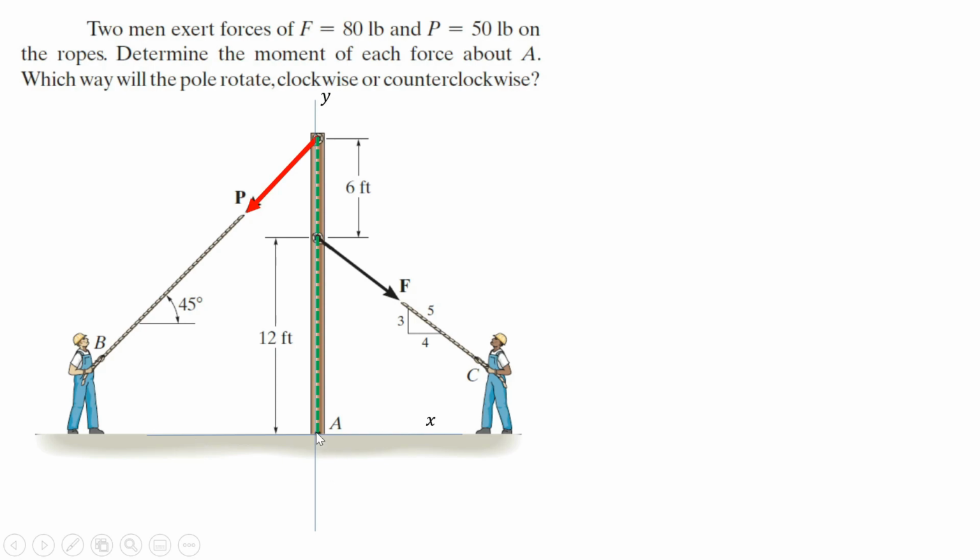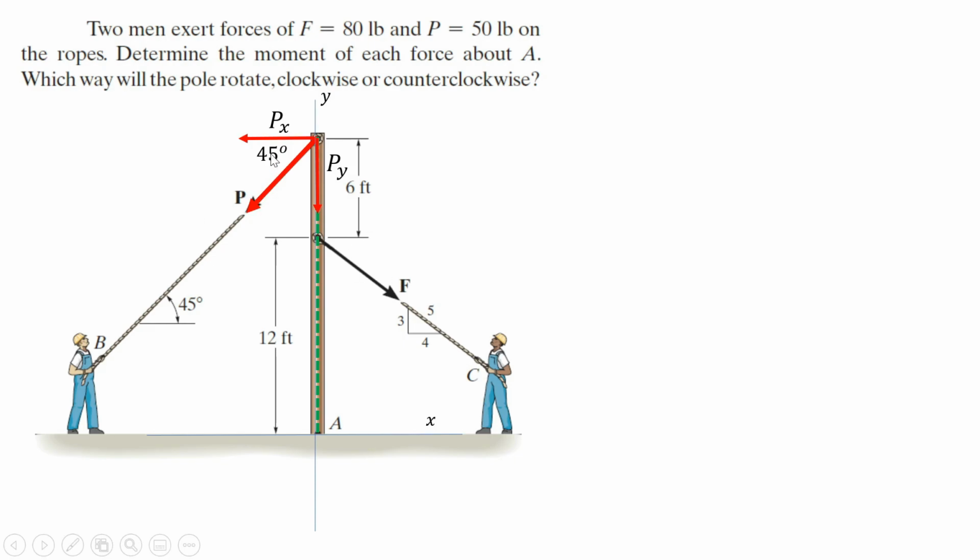This is the origin, which is our pivot, that is the x-axis, and this is our y-axis. The component of P is Px, along negative x, and Py, which is along the negative y. Since we are solving for the components Px and Py, we have to place this 45 degrees near the origin of the force. So this is 45, and this is also 45.